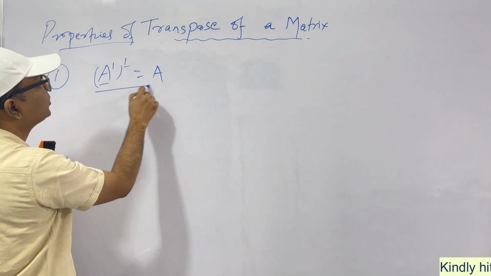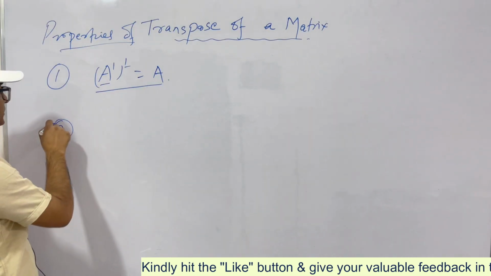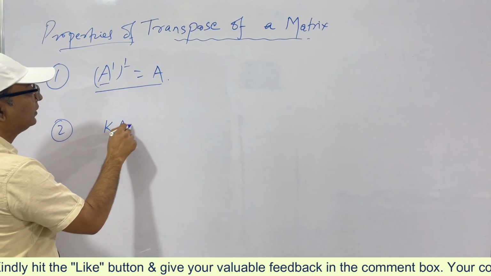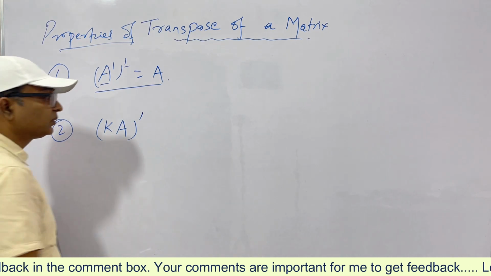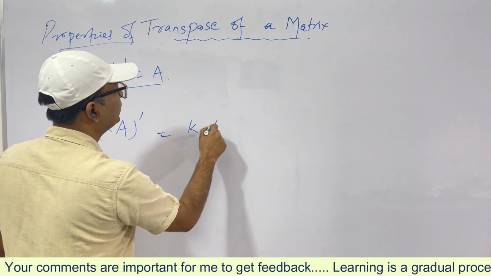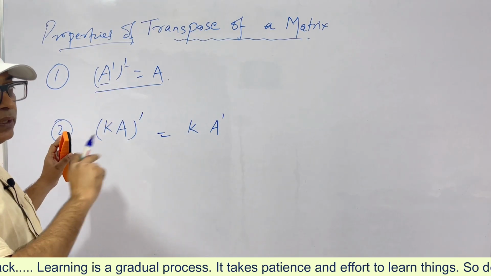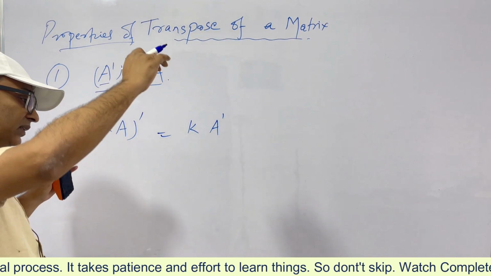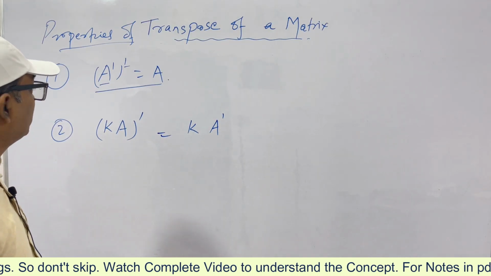So this is the first property. Keep this in mind. Second, if a matrix is multiplied by K and we take transpose of it, it is equal to K times the transpose. K can be taken out. Why? Because K is multiplied to each and every element, so whether it is in row or column, it doesn't matter. This is the second property.